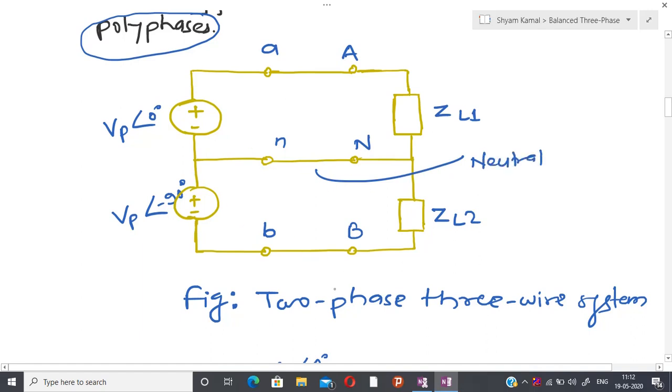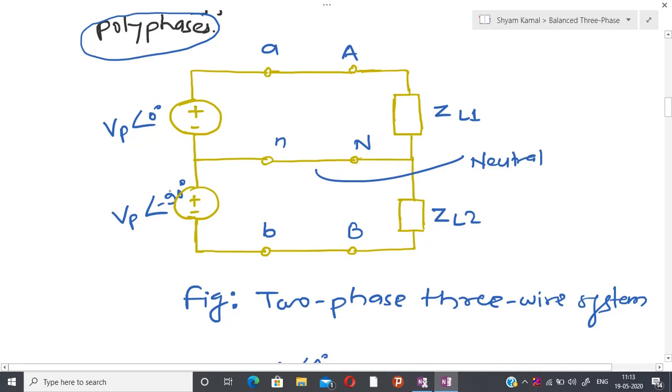So this circuit is called a two phase three wire system, and in this particular connection you can see that I have two different phases. So it is a little bit different from the single phase.